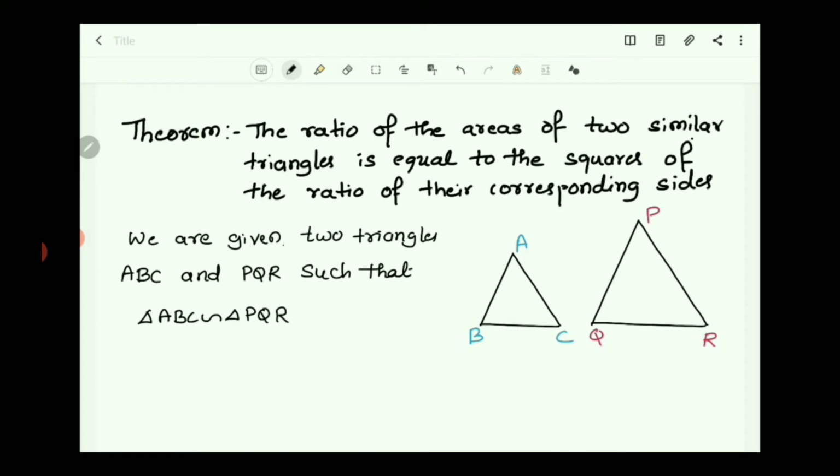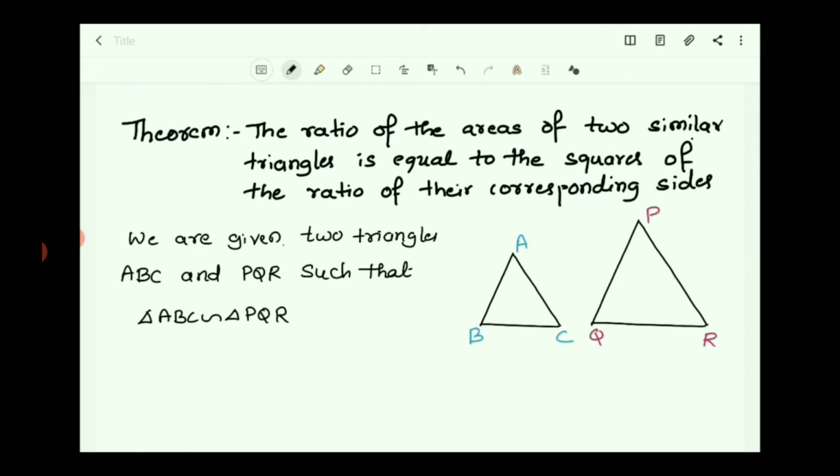If they are similar, you know that their corresponding sides are in proportion and their corresponding angles are equal. That is understood here. Now what we have to prove?